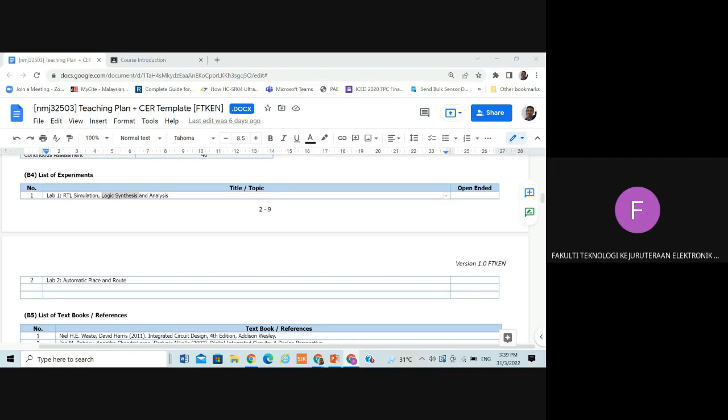When you learn the subject, I believe you will digest it, and then you can use it for the other subject. Because we have another subject in the 4th year, we call it system on chip. That subject is actually a continuation of this subject.